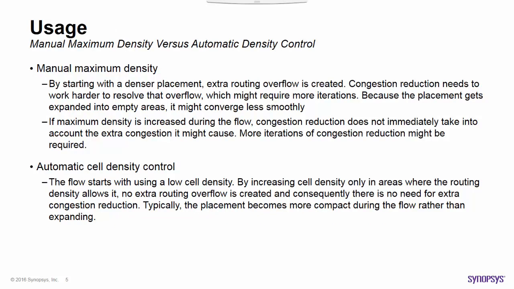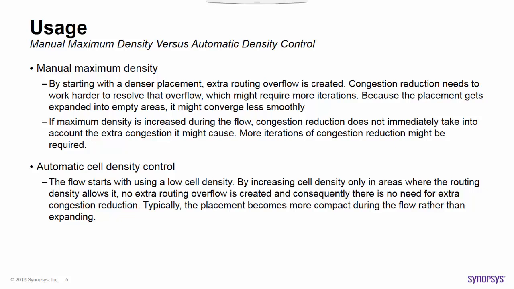Usage. Sometimes manual density creates extra routing overflow. Hence, it requires much more effort for congestion reduction and it may impact the runtime. Also, sometimes high manual density settings may cause non-routable placement results, which may lead to some iterations to get a suitable density setting.